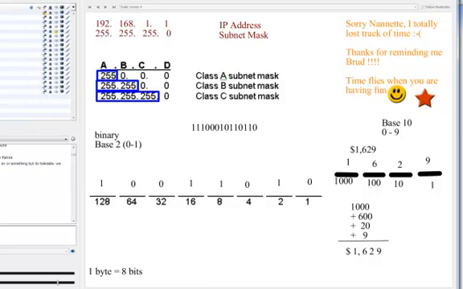Yeah, 128. 0 times 64 is 0, so I'm not even going to put it on here. 0 times 32, 0 again, right? How about 1 times 16?